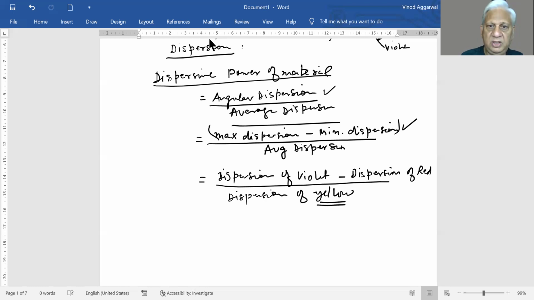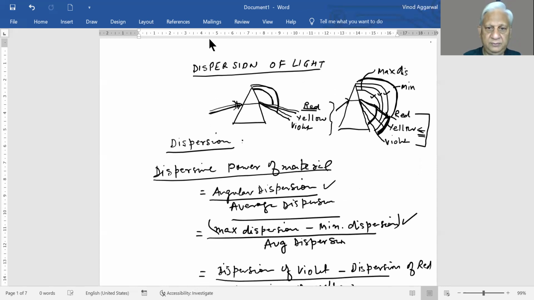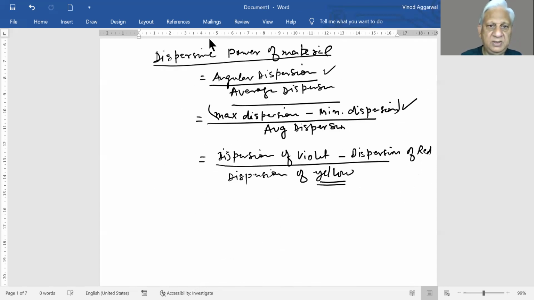Why have we taken yellow? Because yellow is the mean of this whole spectra. Yellow falls somewhere between maximum and minimum, and so we can take it as an average. It represents an average dispersion. Okay.